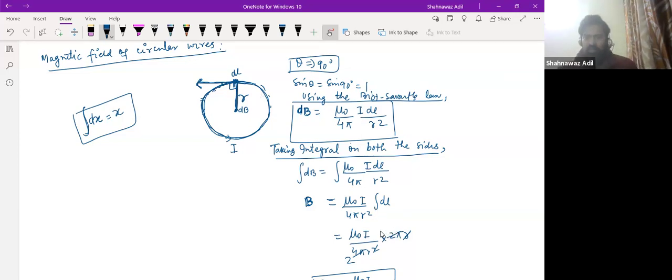Yes, did you understand that? Yes, sir. So current is flowing in this way. This is the anti-clockwise direction. So if we curl our four fingers in this direction, what is the direction our thumb is pointing at?